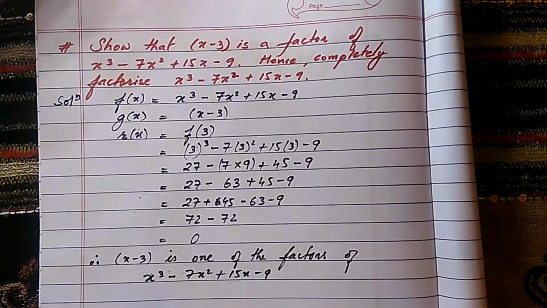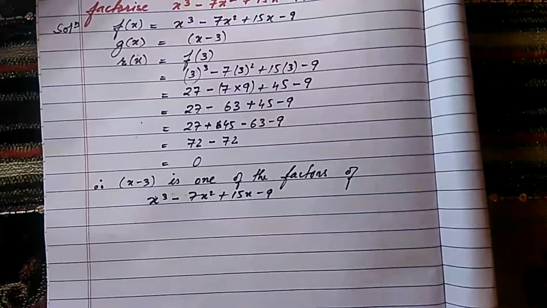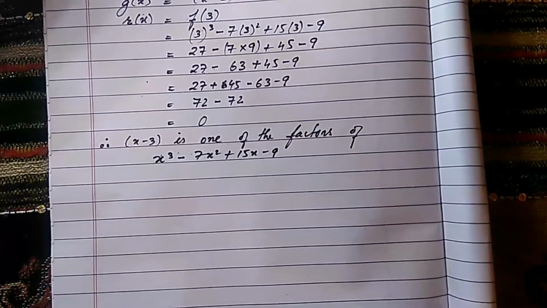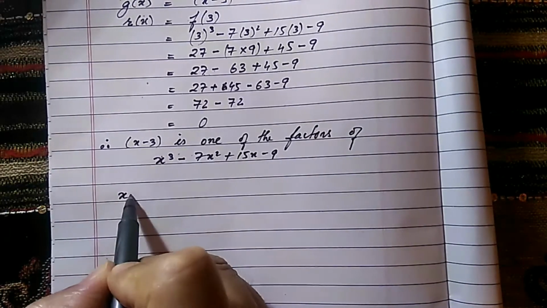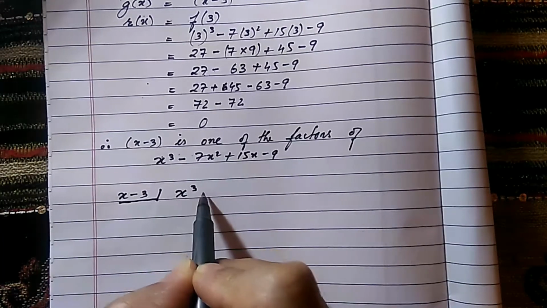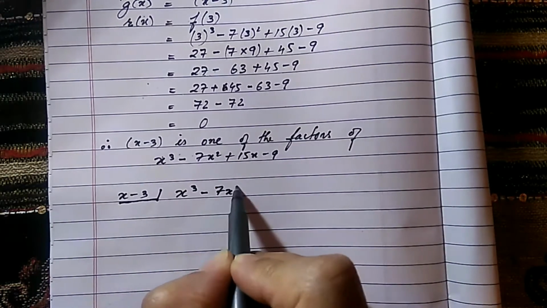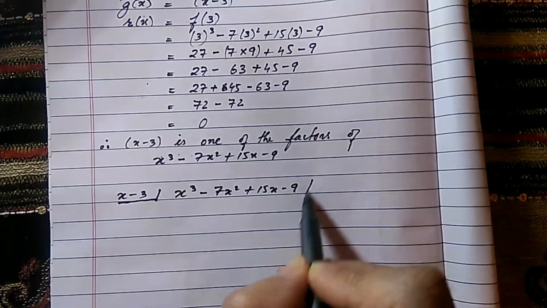Now the next part, hence completely factorize. To completely factorize this polynomial, first we will divide the polynomial by x minus 3. x cubed minus 7x squared plus 15x minus 9.